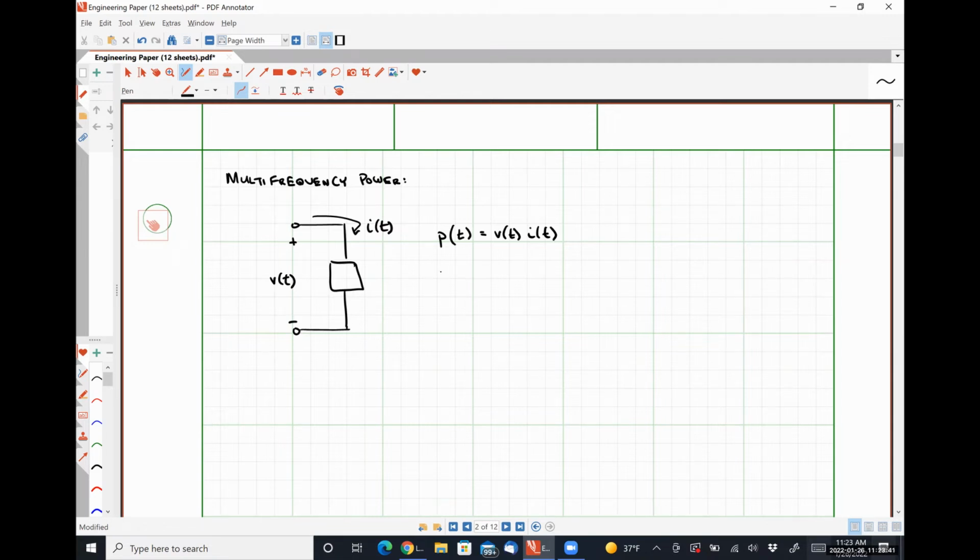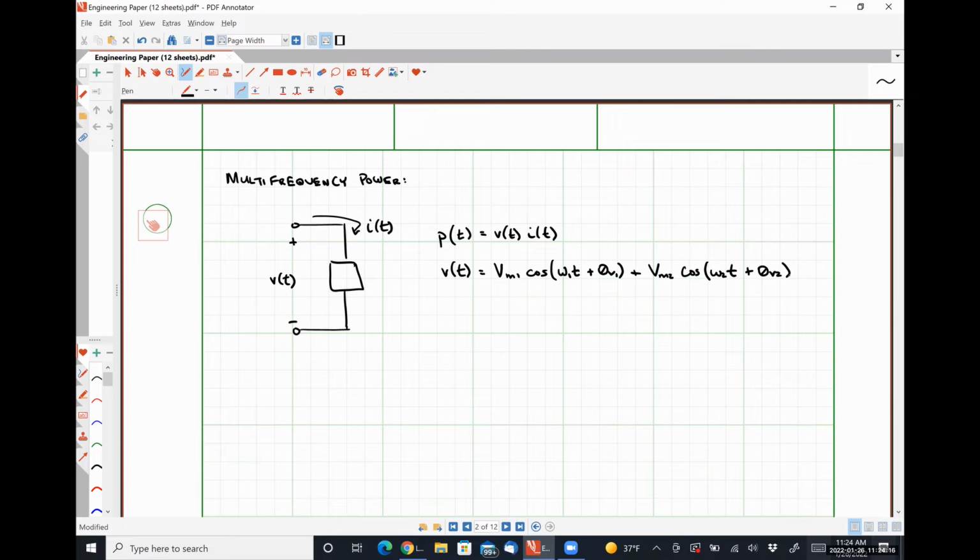What if V of t was now a waveform Vm1 cosine omega 1t plus theta V1 plus Vm2 cosine omega 2t plus theta V2, so that we have some multi-frequency response across our element.